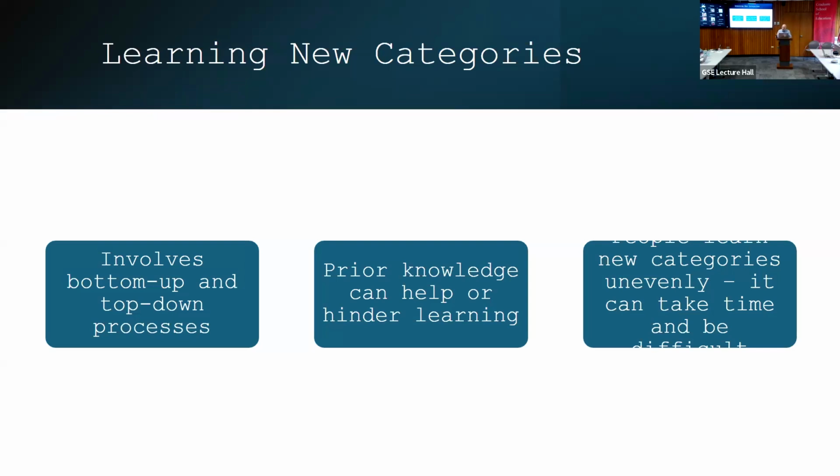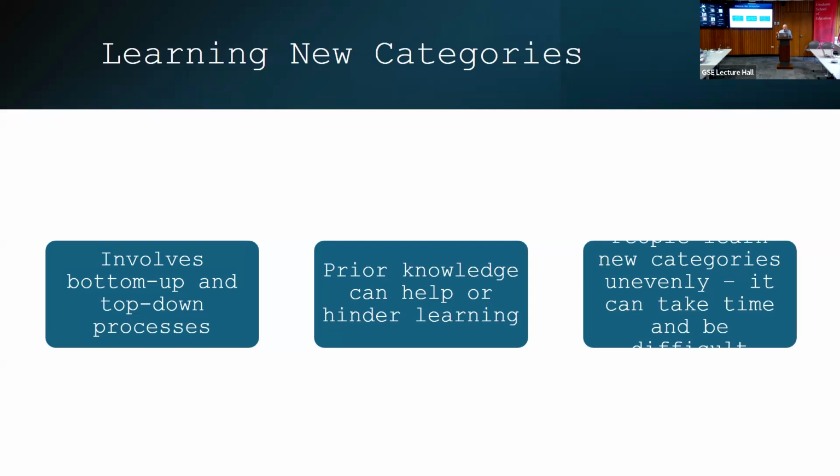And in learning these categories, prior knowledge can be either a help or a hindrance. It helps in that we say, oh, this is like that other thing, and we bring that in, and we broaden our sense of what that category is. But it can also hinder, when we say, I have these categories, I'm fitting this in, but it really isn't part of that category. And so we see those kinds of problems as well.